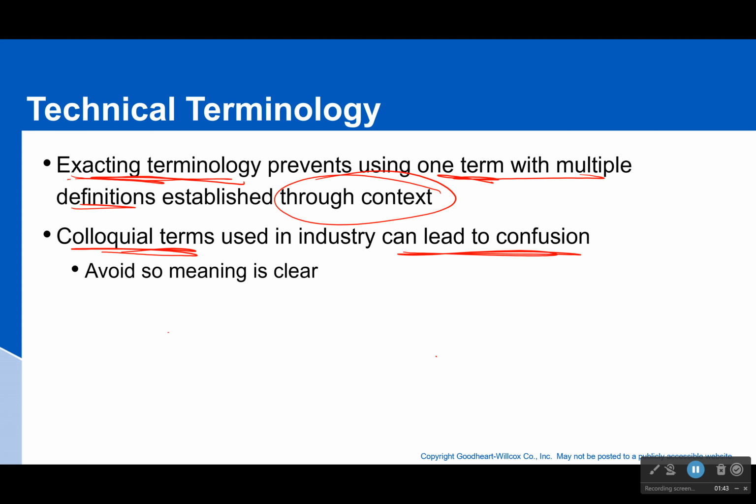If somebody has no idea what you're talking about, they're like, okay, it's a piece of cake. I've never made a cake. Does that mean it's hard? So it's really super hard to do? We want to avoid these so meaning is clear, okay? If it's just a phrase or a catchphrase or something people say, avoid it. You don't need to use it. Use the terminology built up in GD&T.